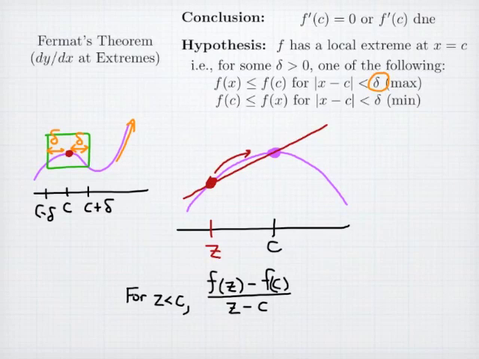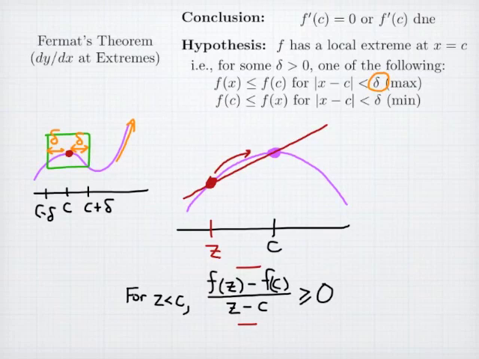In my picture, I've drawn my point Z to the left of C. For all of these points, because C has a maximum, my numerator is a negative number because f of Z is less than f of C. Similarly, Z is less than C, so I have a negative on the bottom. This means that my fraction is a positive number.